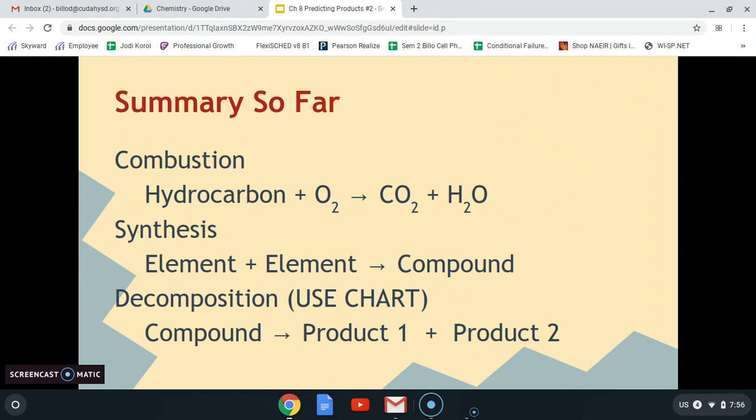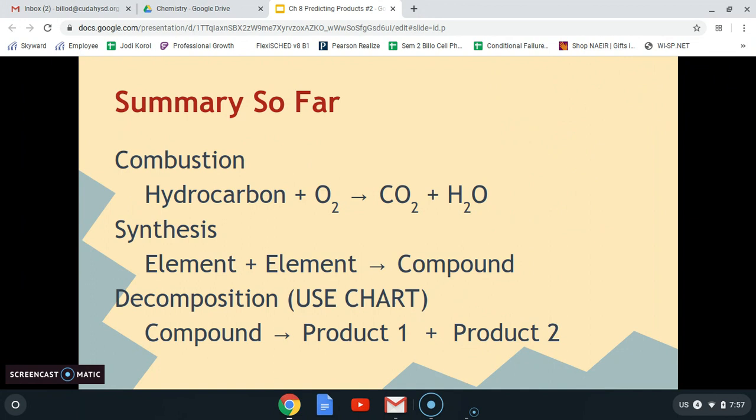To simplify your process, synthesis reactions, at least for our purposes, will always be a combination of two elements. All you have to do in those cases, once you recognize it as a synthesis, is predict their most common charges and put those together into a compound.